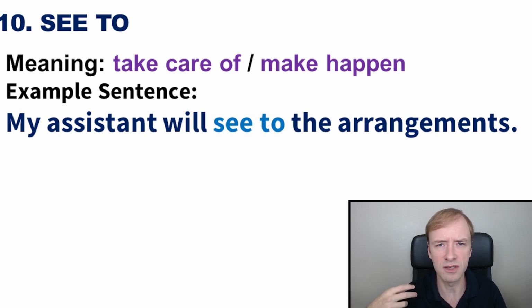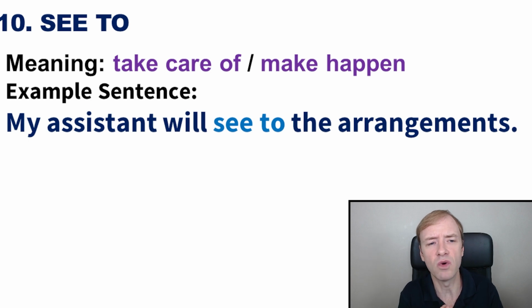They need a car to get to the company. So I will say, my assistant will see to the arrangements. My assistant will take care of that job. And my assistant will make sure all of those tasks related to that job are complete. My assistant will do everything for the arrangements. You do not need to do anything. Okay.